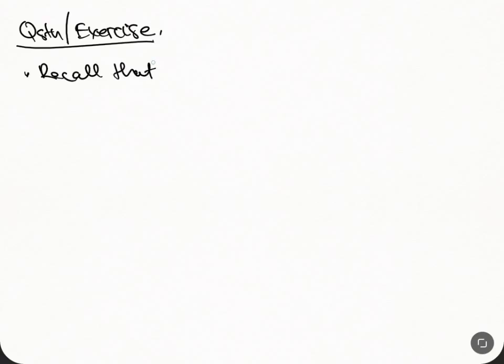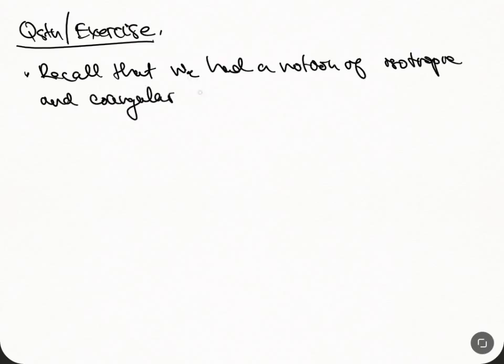So the question / exercise: recall that we had a notion of isotropic and coangular for abstract Frobenioids. So I may have a video on adjectives of Frobenioid morphisms.